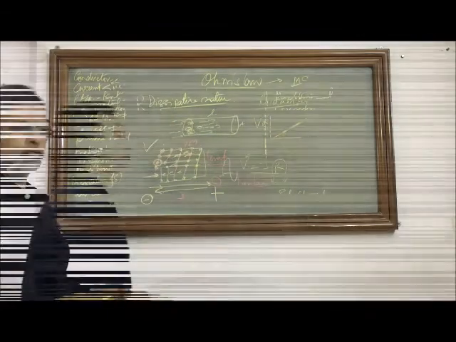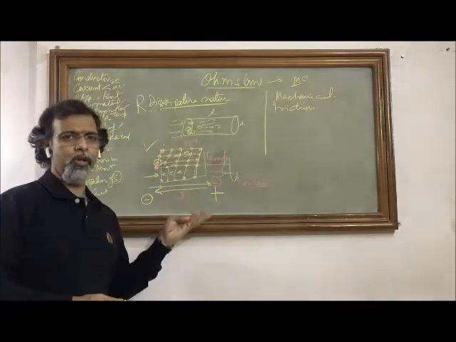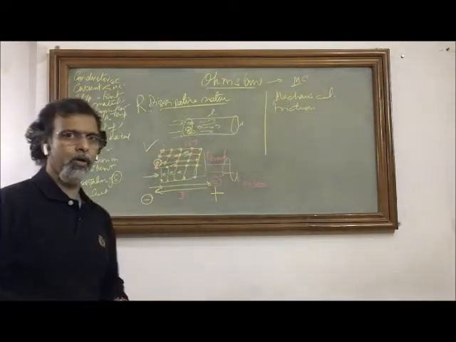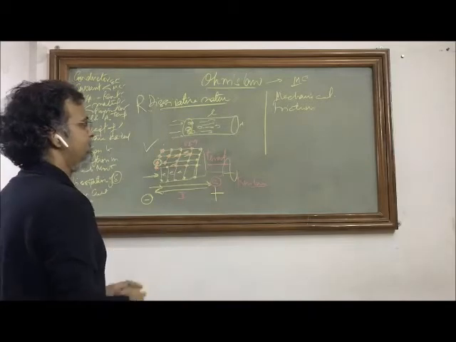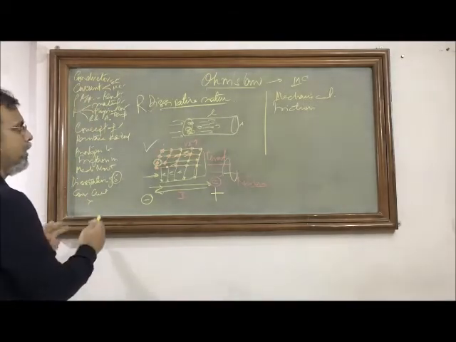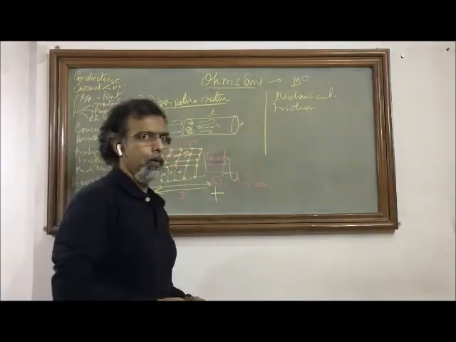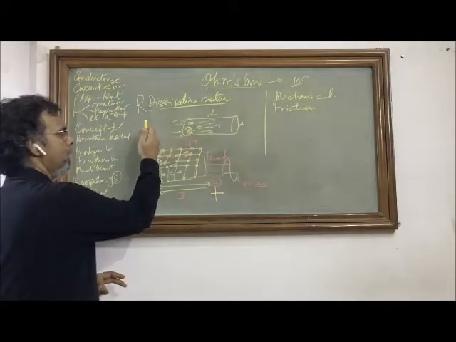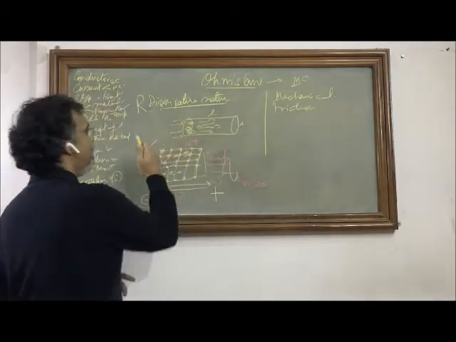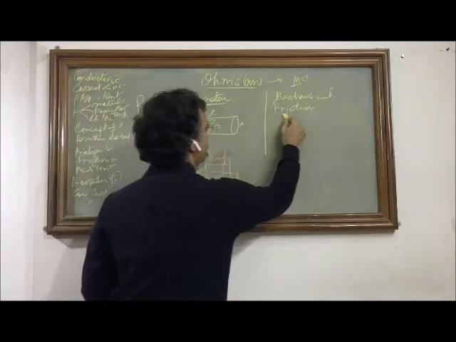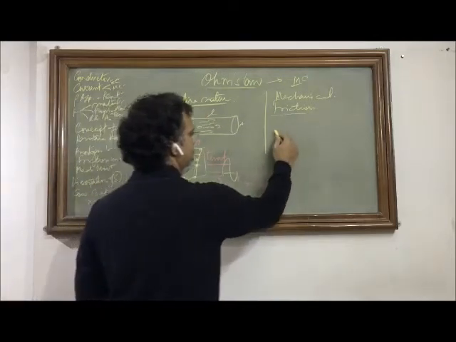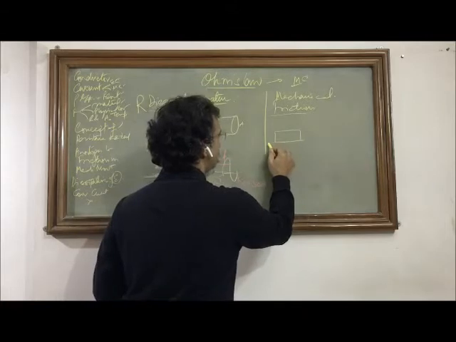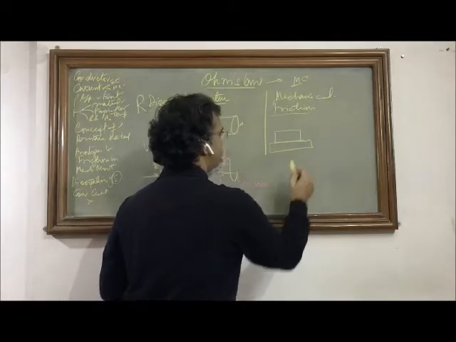And having understood the concept of resistance, especially in the context of metallic conduction, we can draw a very interesting analogy with its mechanical counterpart. We find that the mechanical analogue of electrical resistance is friction between two surfaces if they have a relative motion.